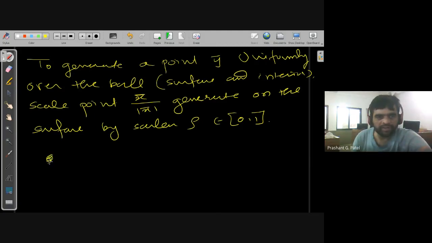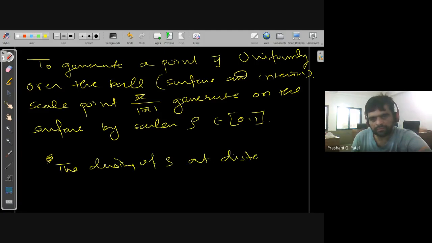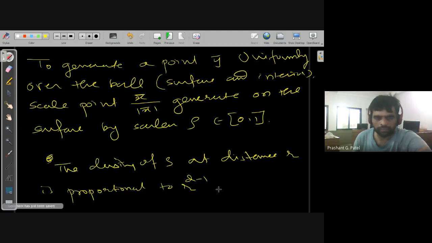So by similar reasoning, the density of rho at distance r is proportional to r power d minus 1 in d-dimensional space.